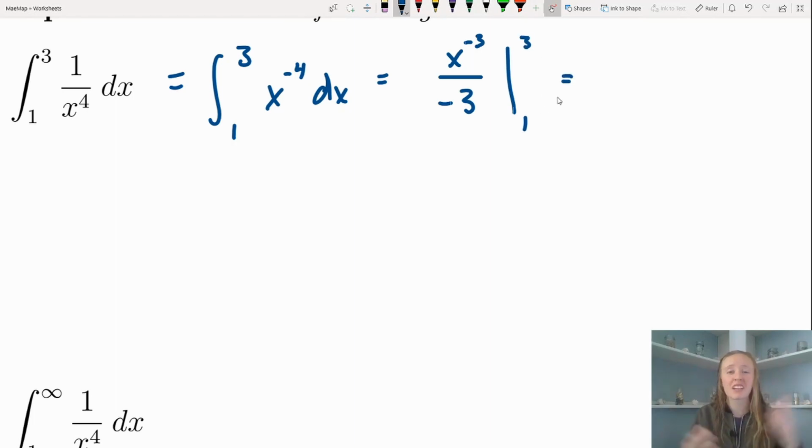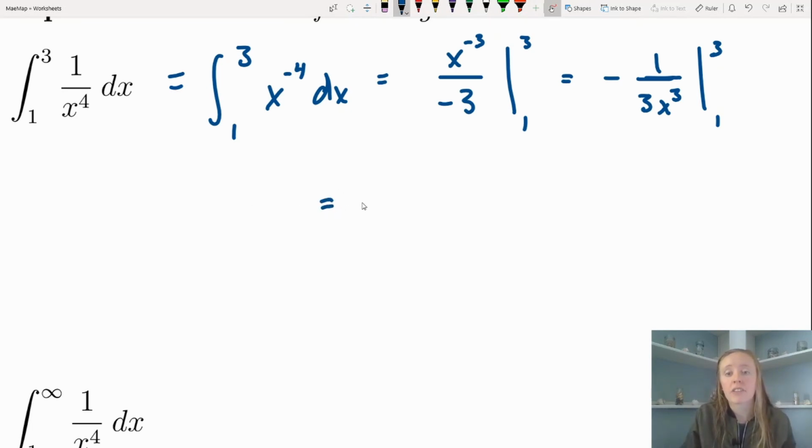Now, I'm not a big fan of negative exponents in my numerators, so I'm going to bump that down to my denominator. So I'll have negative 1 over 3x cubed, from 1 to 3. Our next step is to plug in 3 and subtract plugging in 1.